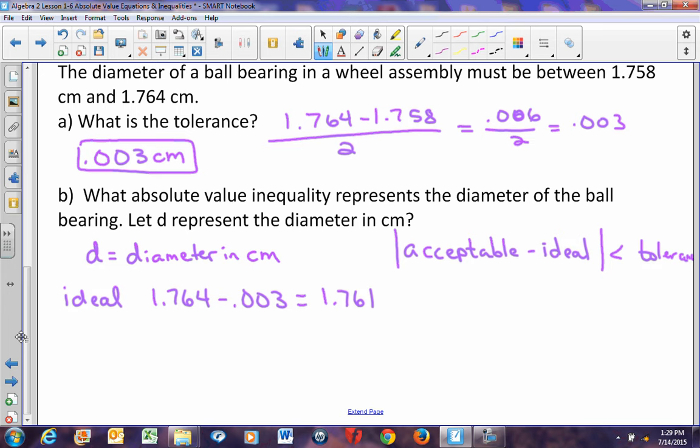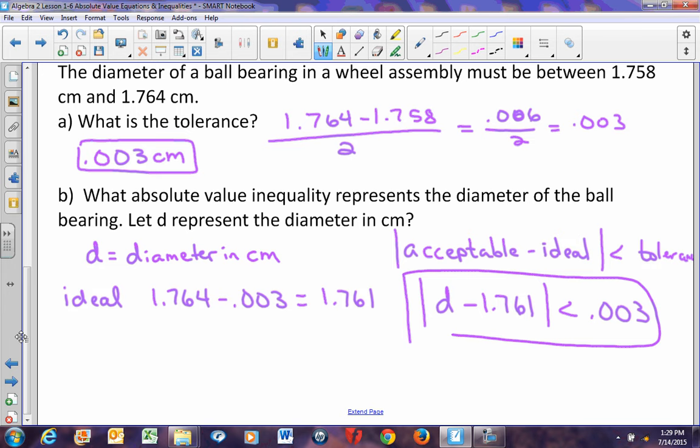My acceptable is going to be D. My ideal, 1.761, in an absolute value, has got to be less than my tolerance, 0.003. There you have the absolute value inequality that works for that tolerance.